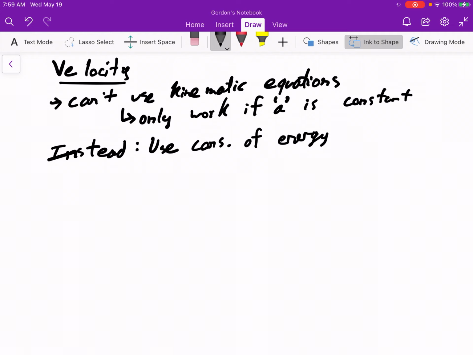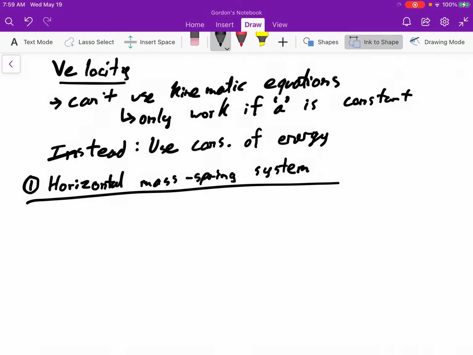We're going to start by looking at mass spring systems, and we're only going to be talking about horizontal ones here. You'll never see situations with a vertical mass spring system where you have to use conservation of energy, so don't worry about those.